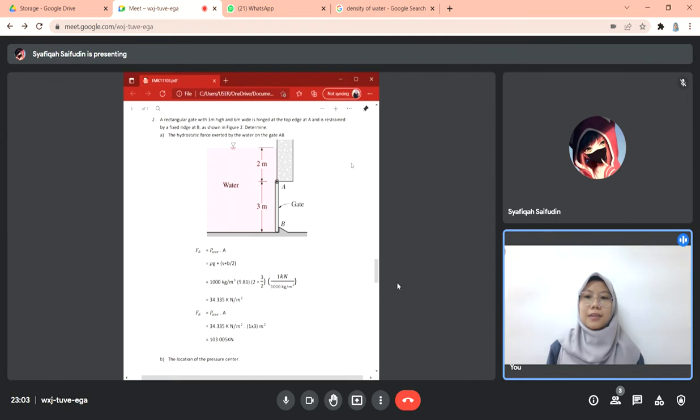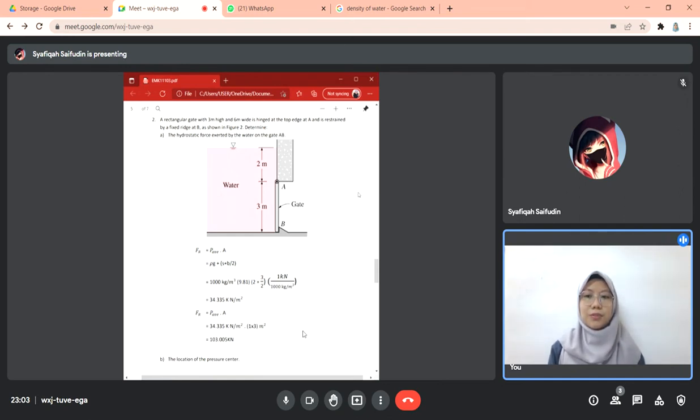Then I multiply with S plus B over 2, where I substitute the value of S, which is 2 meter, and B is 3 meter. So I got 34.335 kN over meter squared.